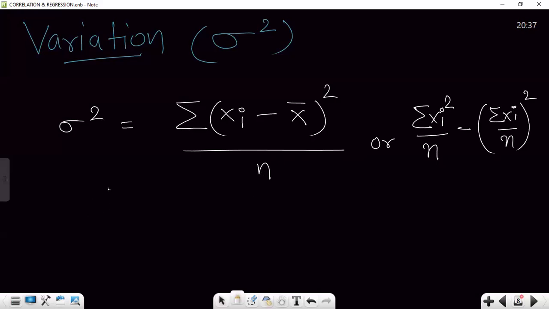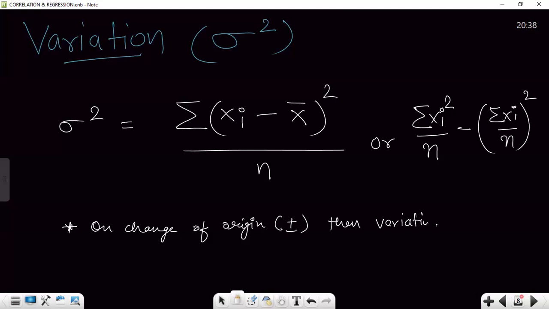Now, let's discuss the property of variation. On change of origin. What is change of origin? That is if we add or subtract from the elements of the data, then variation remains unchanged.